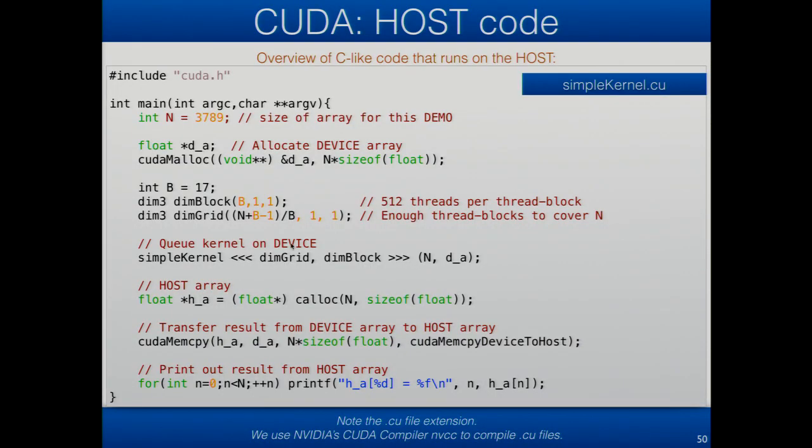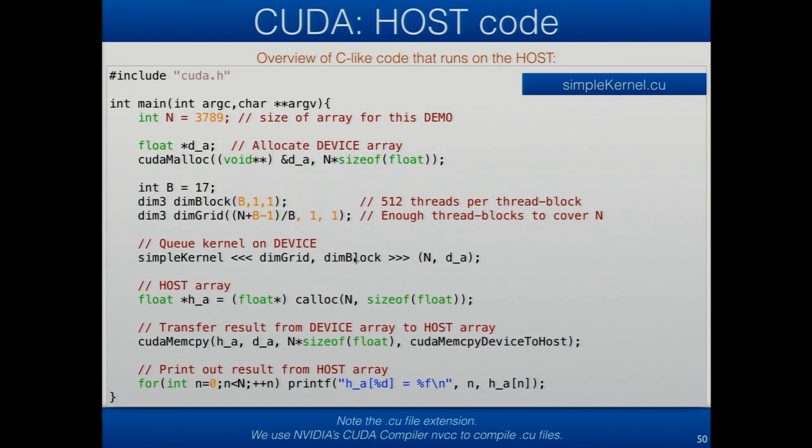NVIDIA's CUDA C is an extension to C, mainly so that it could throw things like this in, which kind of looks like templating. It's not templating, kind of. But what we're saying is we're going to execute this kernel, which is specified somewhere else in the file, with this many blocks, and the blocks have this size.